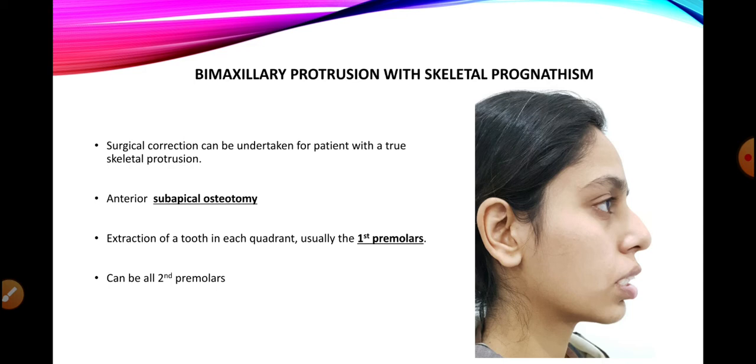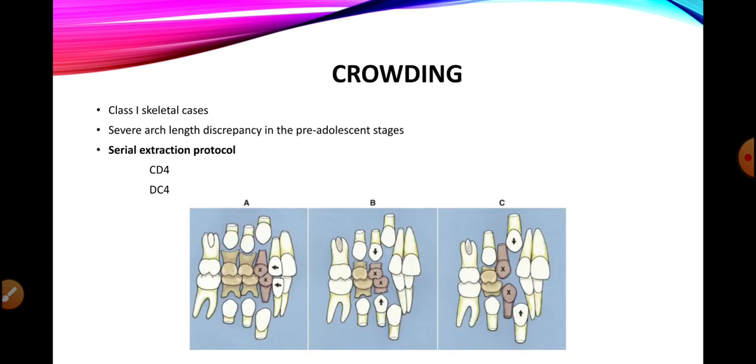So usually the teeth that are extracted in cases of bimaxillary proclination are first premolars, but it can be second premolars depending upon the nature or the size or any etiological factor, for example caries, etc. on the tooth. It can be a second premolar, but usually we are going for first premolars.